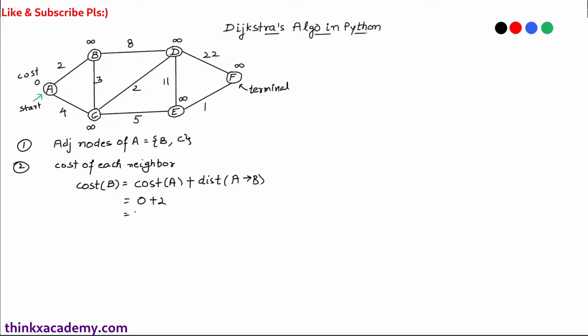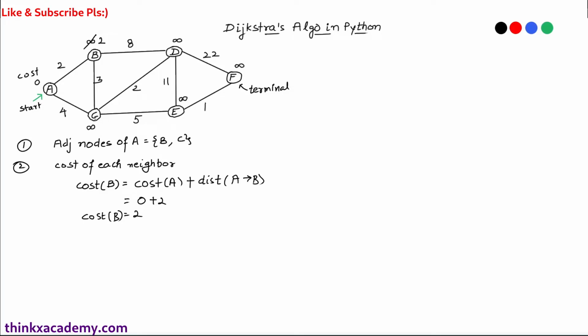So the cost of B is now going to be 2. Instead of the maximum infinite value, I am going to assign it a cost of 2, and we will calculate the cost of C in a similar way.